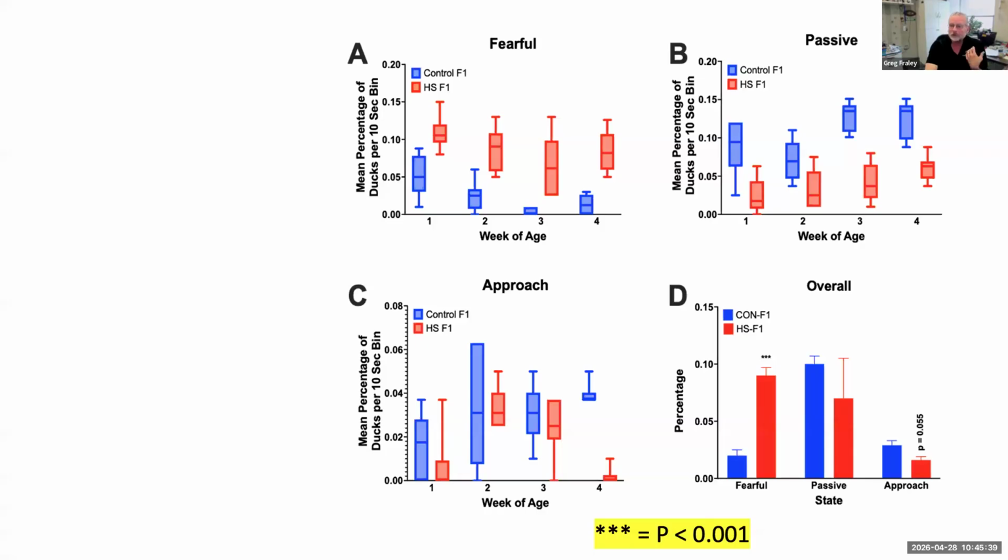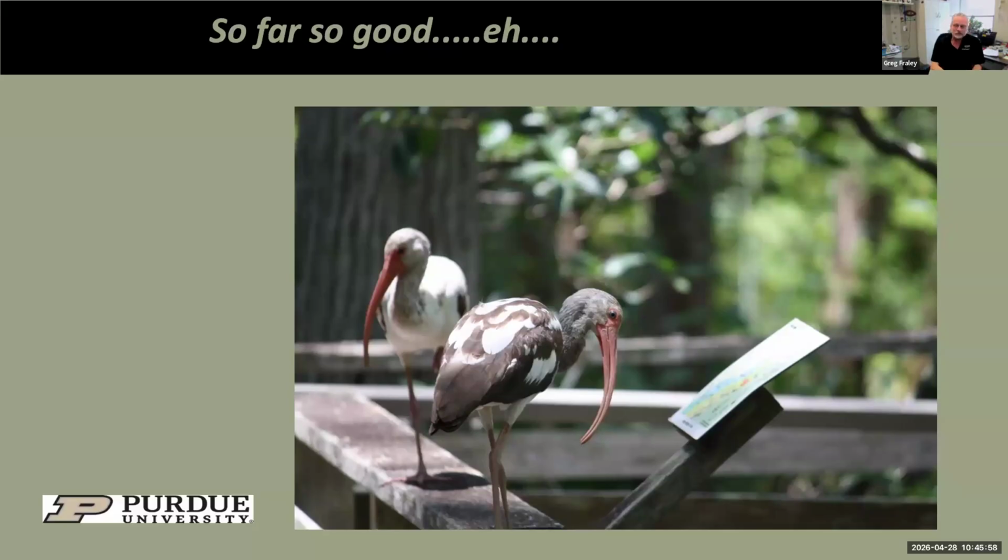And, of course, once we graph it all out, the birds from the heat stress parents were significantly more fearful overall at every single age we looked at. All right, so that's interesting.